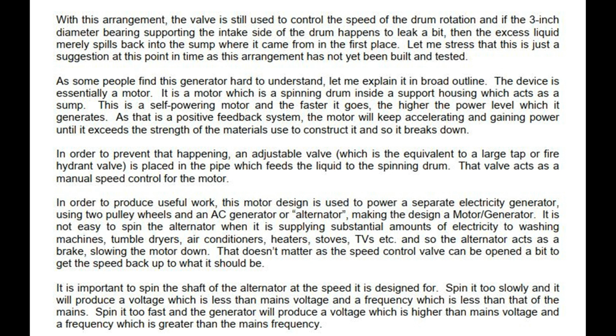In order to prevent that happening, an adjustable valve, which is the equivalent to a large tap or fire hydrant valve, is placed in the pipe which feeds the liquid to the spinning drum. That valve acts as a manual speed control for the motor. In order to produce useful work, this motor design is used to power a separate electricity generator, using 2 pulley wheels and an AC generator or alternator, making the design a motor/generator.